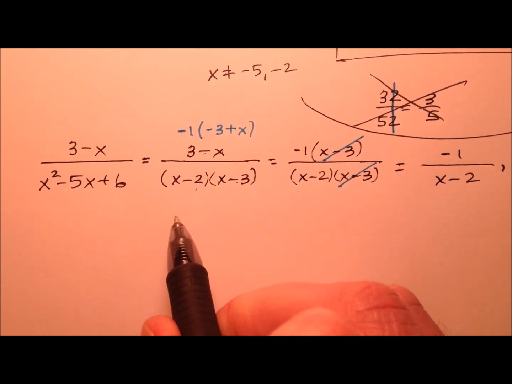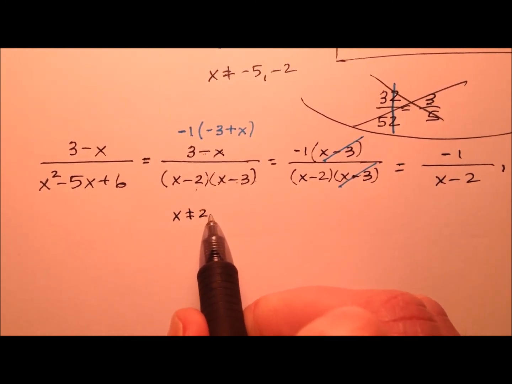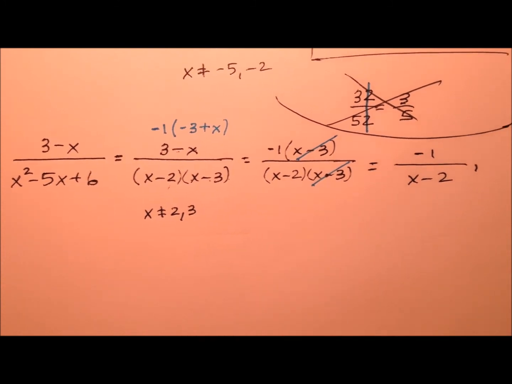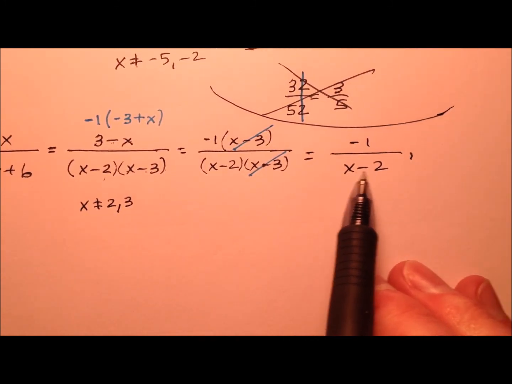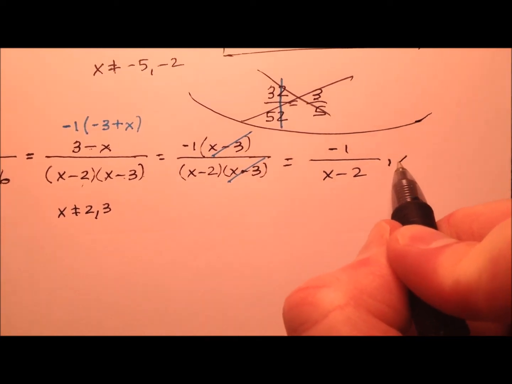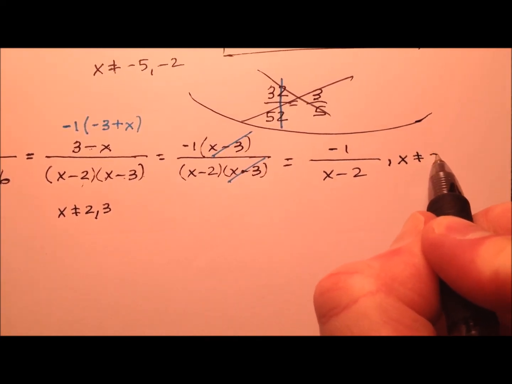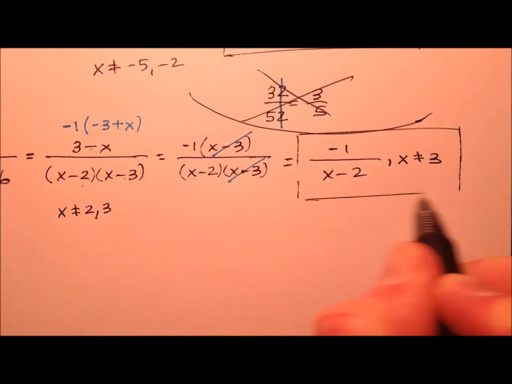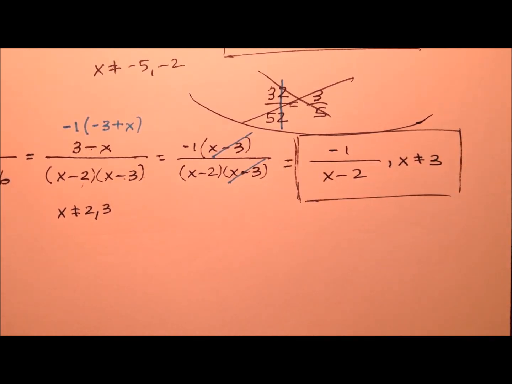Well, I knew that x could not be 2 or 3. Well, it's obvious that x can't be 2 here, but we canceled out the x minus 3, so we need to keep the stipulation here that x cannot equal 3 either. Okay, so this is what this simplified version will look like.